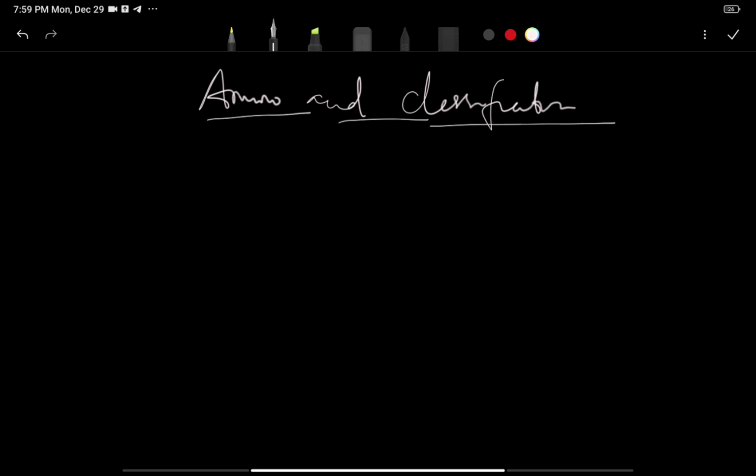Alright, so today we'll continue with amino acid classification. In the previous class, I told you that there are about 4 bases. Number 1, based on structure.